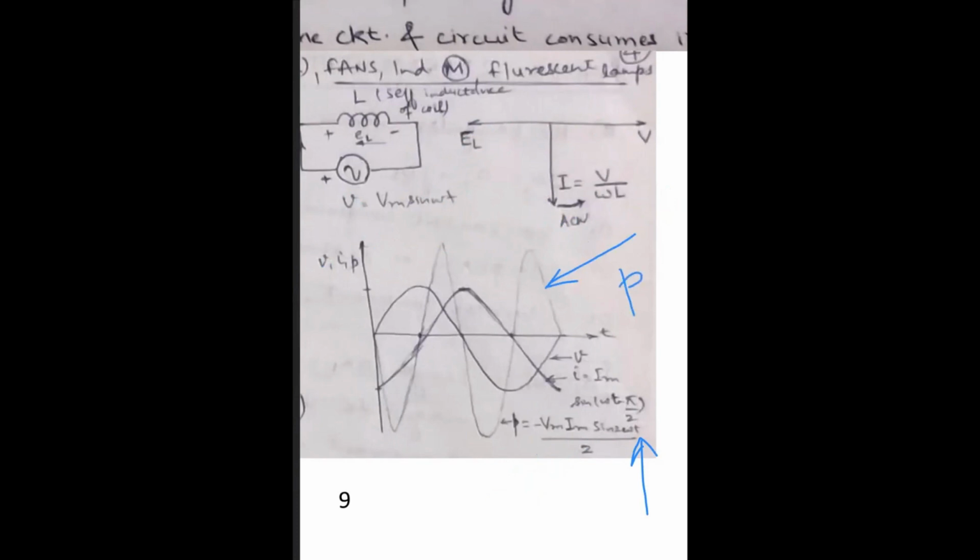One more observation we can make from here is that this is sin 2 omega t. It means that it has twice the frequency. So for the same period of 2 pi radians, when current and voltage complete one cycle, this instantaneous power will complete two cycles.